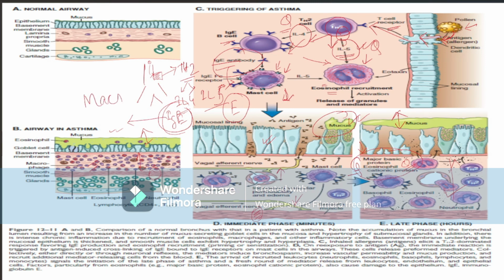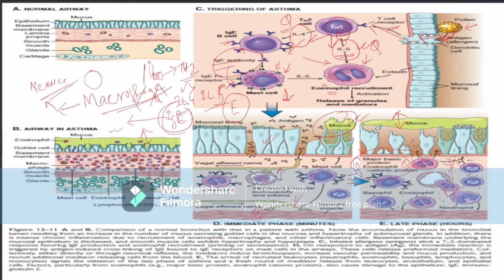This is also an MCQ. This macrophage proliferates here and releases mediators like histamine and bradykinin. Histamine, bradykinin and other mediators stimulate the muscle and the vagus nerve, and the parasympathetic nerve gets stimulated and causes bronchoconstriction.